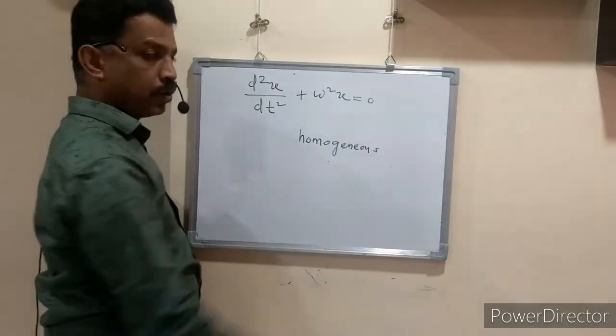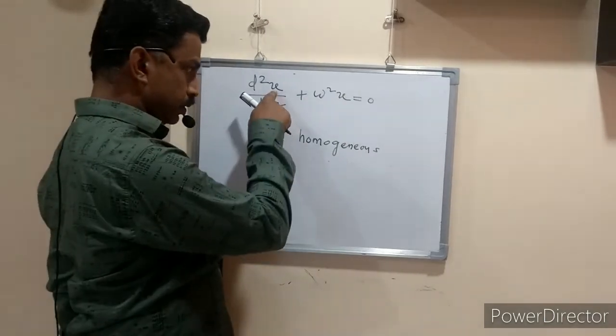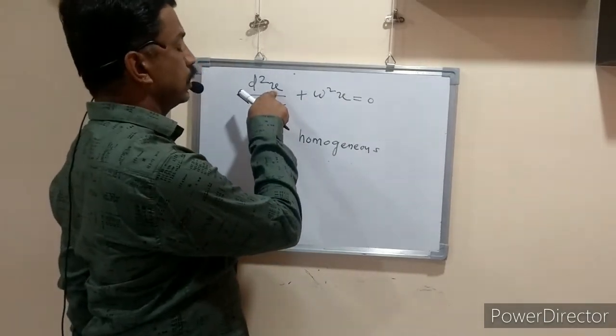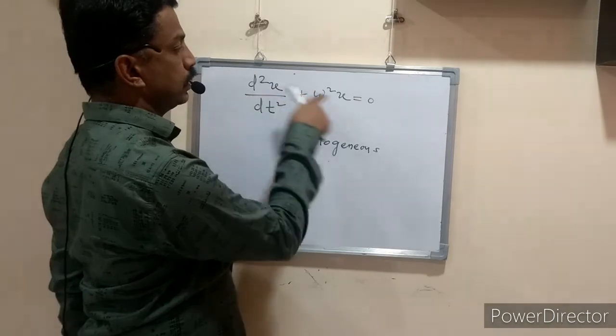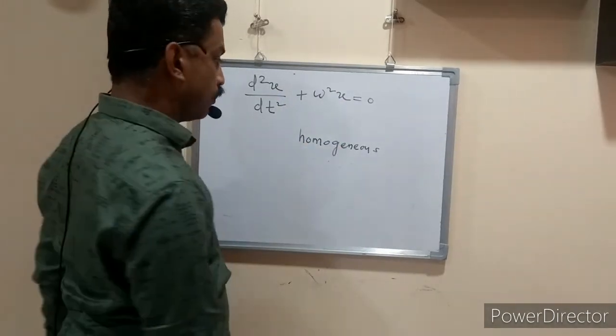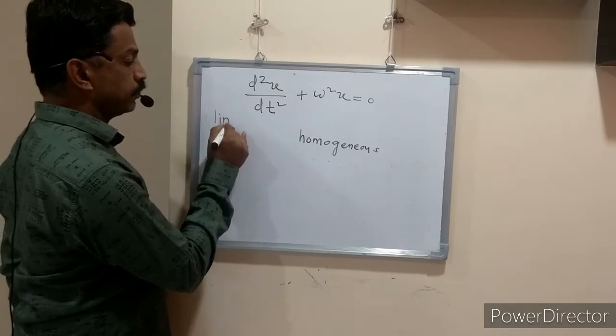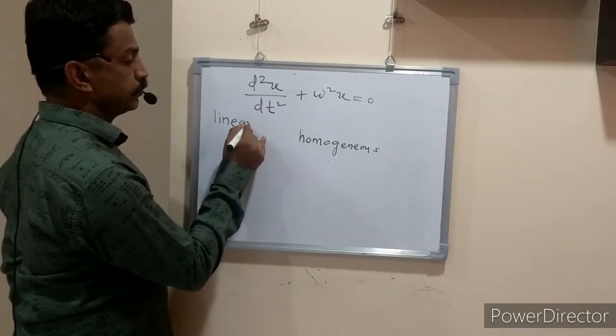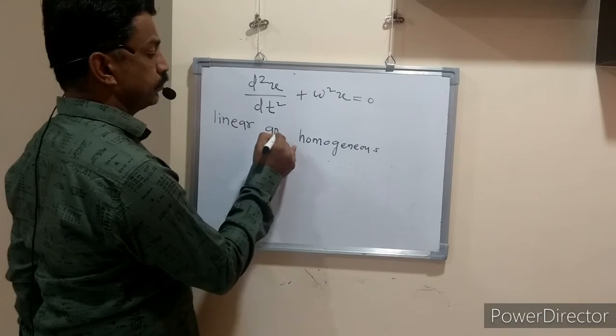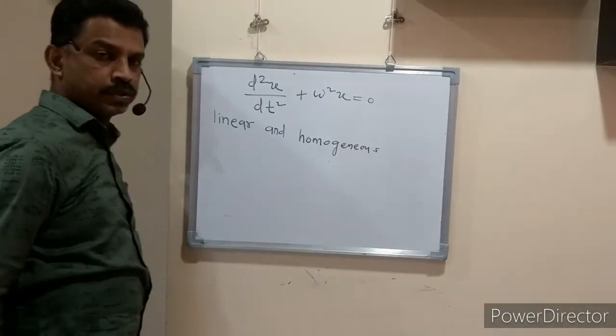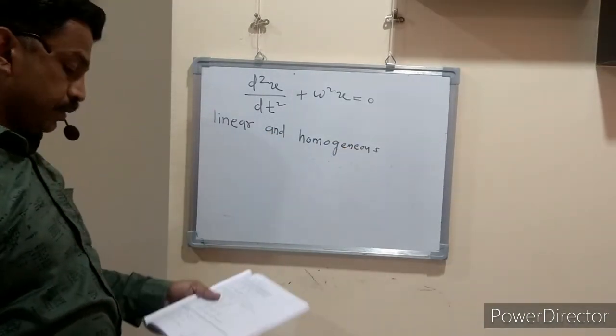Now linear or non-linear: it is linear because the power of the dependent term is 1. So this equation is a linear and homogeneous differential equation.